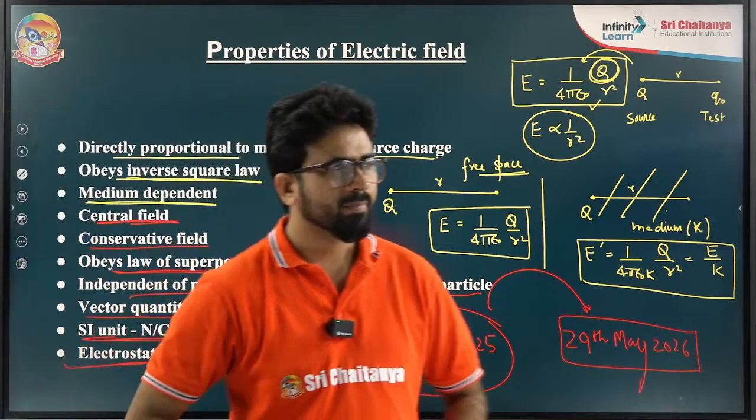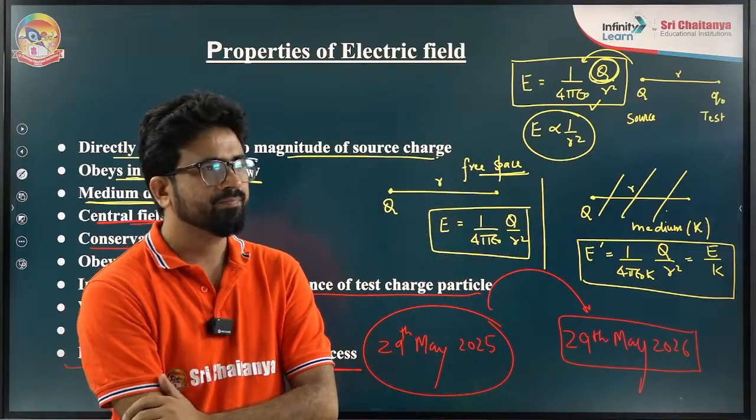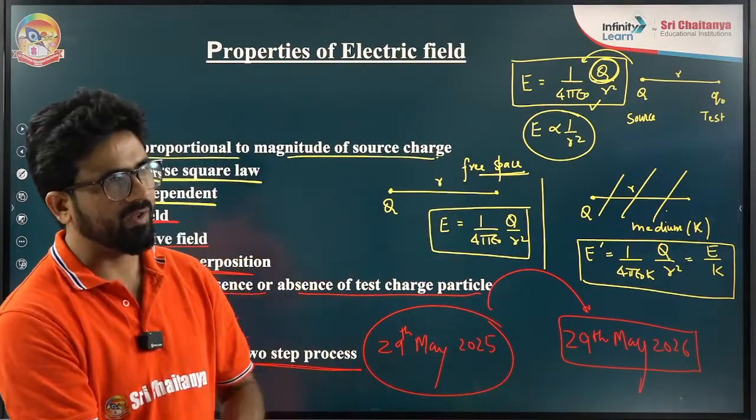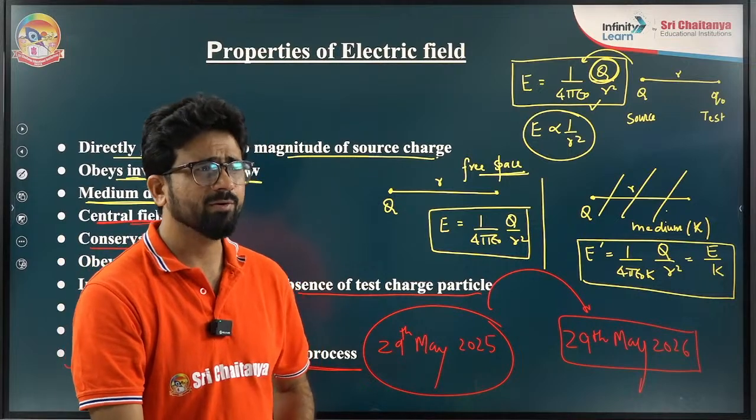Very good beta. Purna, Swati, Ravi, Navdeep, Sharanya. Very good beta. Amara, very good.